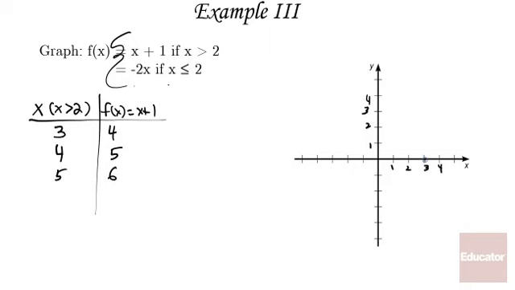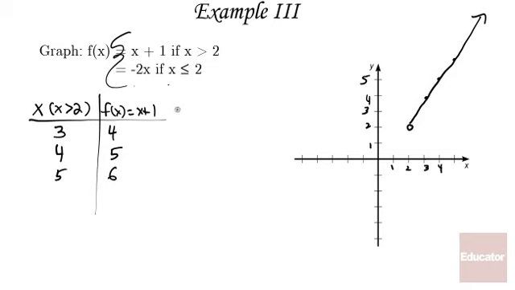And it's going to go on up. And that's going to go all the way until just greater than 2. 2 is not going to be included on this graph because it's a strict inequality. So I'm going to use an open circle. And this is going to continue on.